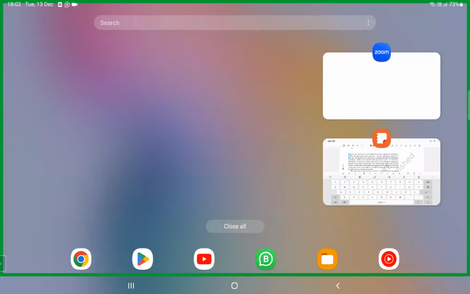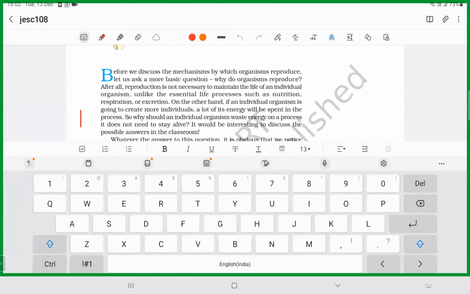Yes, sir. How do organisms reproduce. Now we can see, right? Yes, sir. Okay.